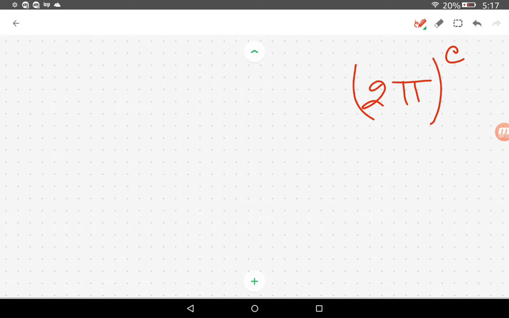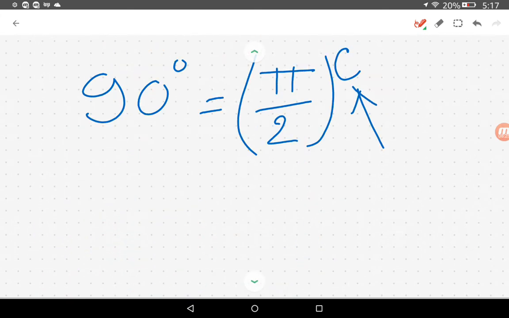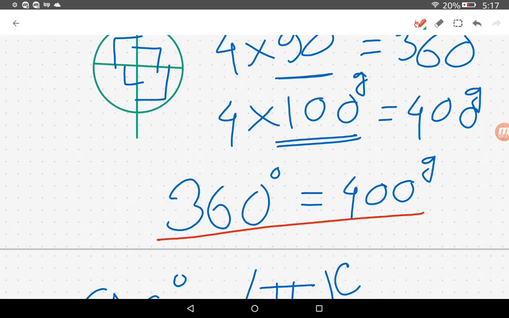Okay, fine. And this is also equal to 360 degree. We know that 360 degree is equal to twice pi radian. And at the very beginning of today's lecture, I showed you that 360 degree is equal to 400 gradian.